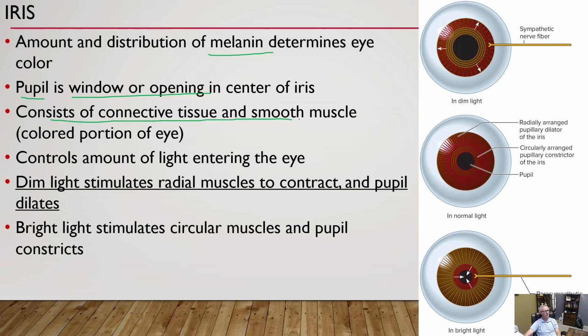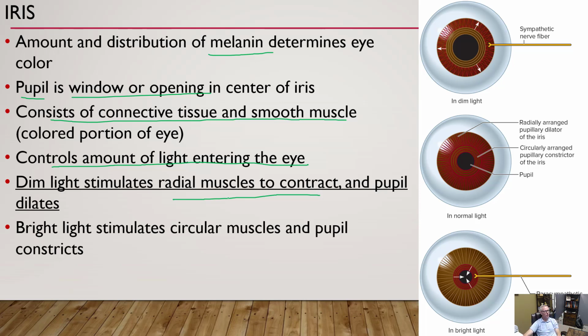The size of your pupil is because of smooth muscle tissue. It's controlled by your parasympathetic nervous system. We have these radial muscles that are going to contract and relax, that will dilate your pupil or constrict your pupil.